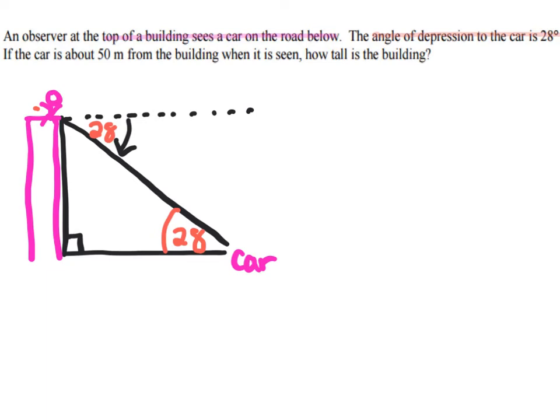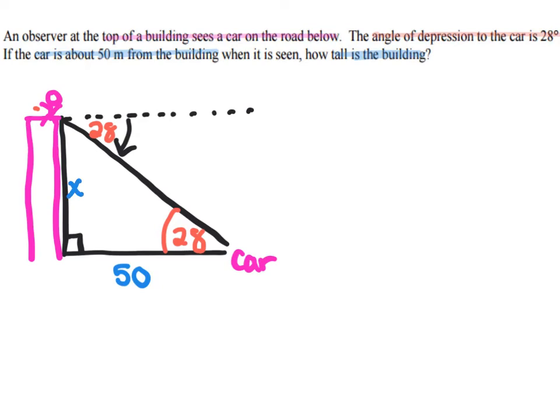Now, it says if the car is 50 meters from the building when it is seen, that means that the distance from the base of the building to the car is 50 meters. So it gives us that this length is 50 meters. The question now is asking how tall is the building. So the height of the building is this value of x over here.